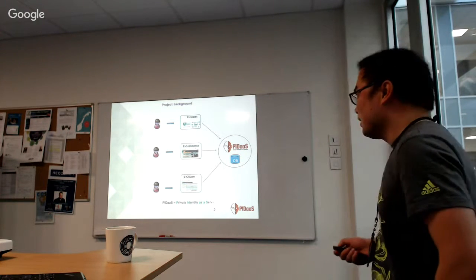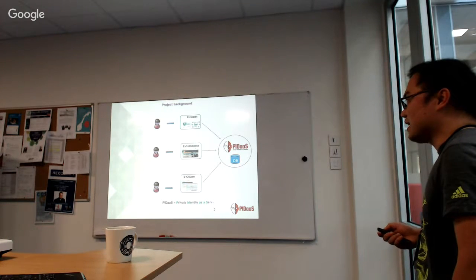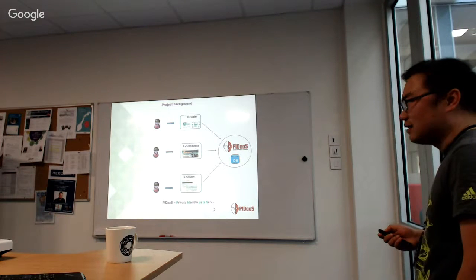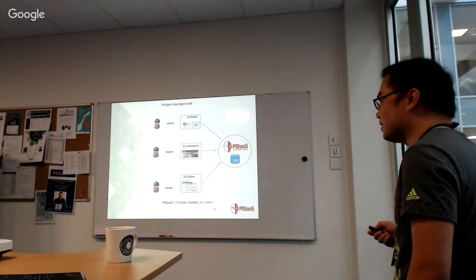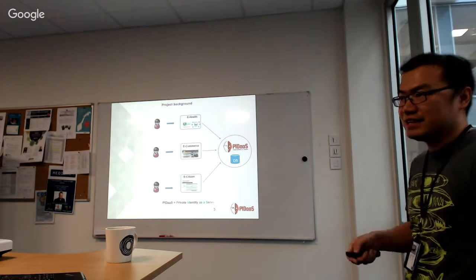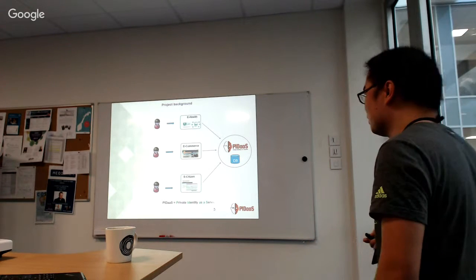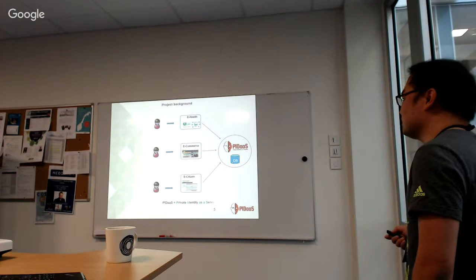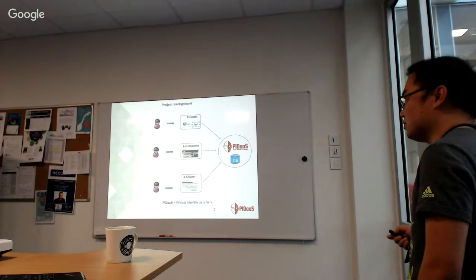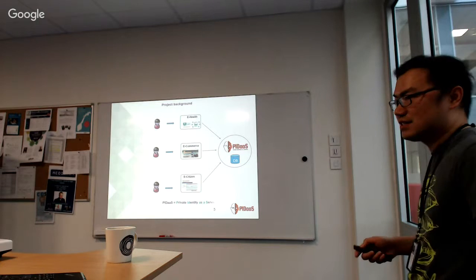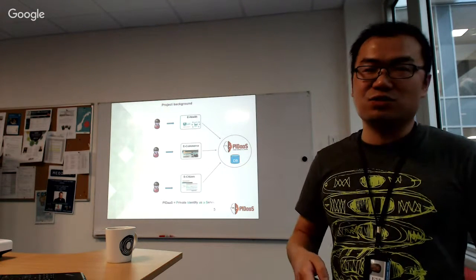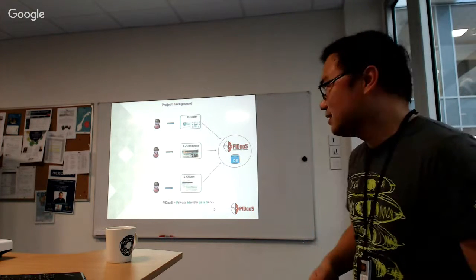So if one of the customers wants to access the service, the service provider will delegate the authentication to the PITAS platform. The PITAS platform will interconnect with the users, using users' biometric information to finish the authentication part.